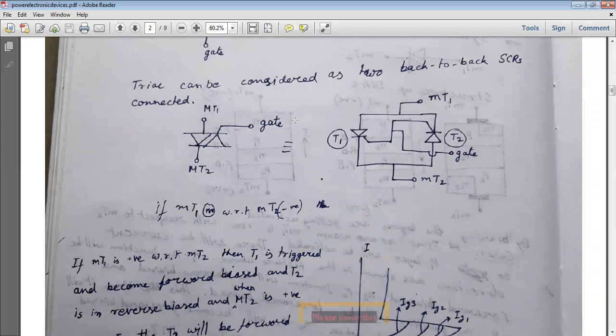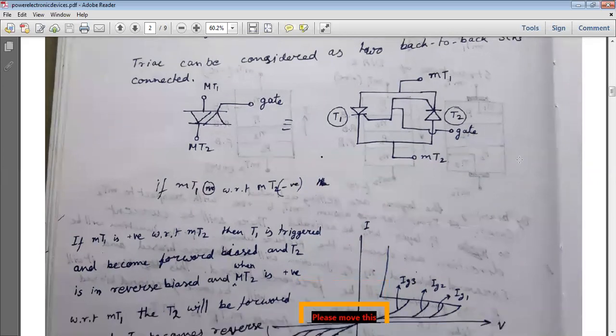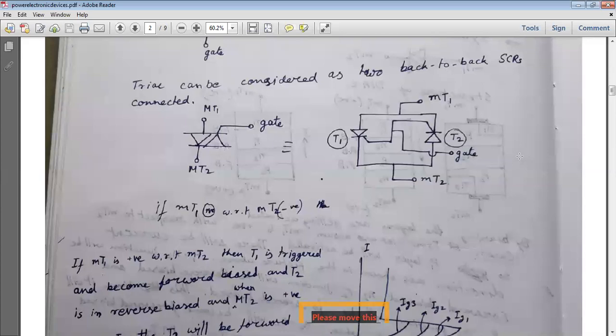If the MT1 terminal is positive with respect to MT2, then T1 is triggered and becomes forward biased, and T2 is in reverse bias.